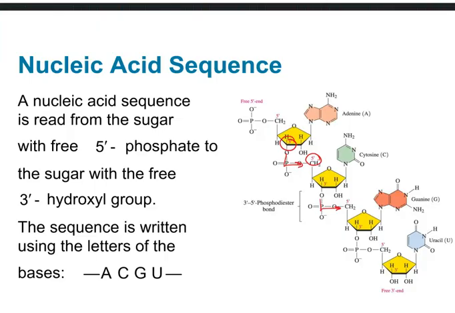Can you see that? This order forms what's called sugar phosphate backbone. It does not carry any information. Kind of jumping ahead, but you understand that it doesn't carry any information. What carries the information is the sequence of bases.